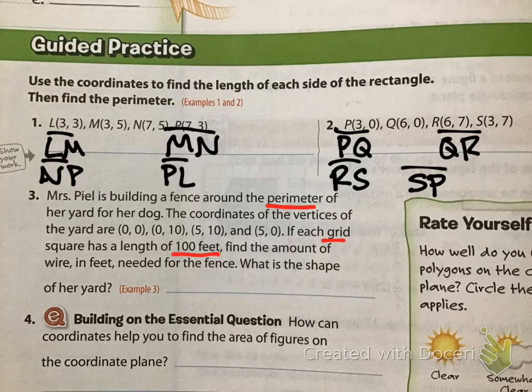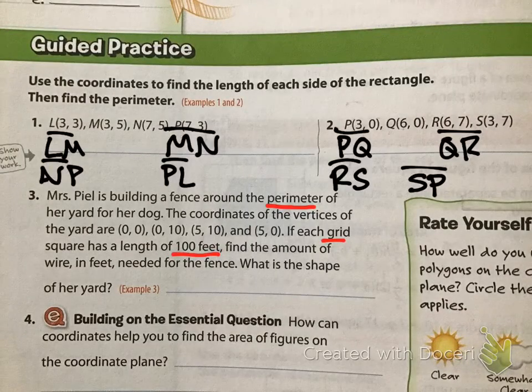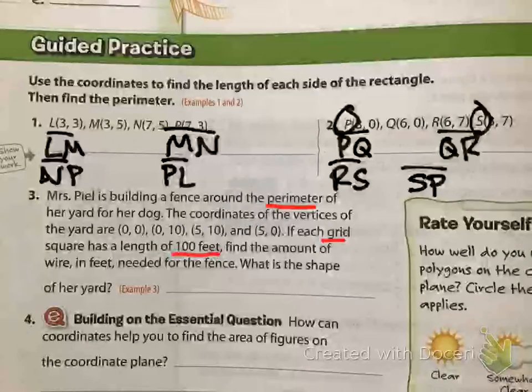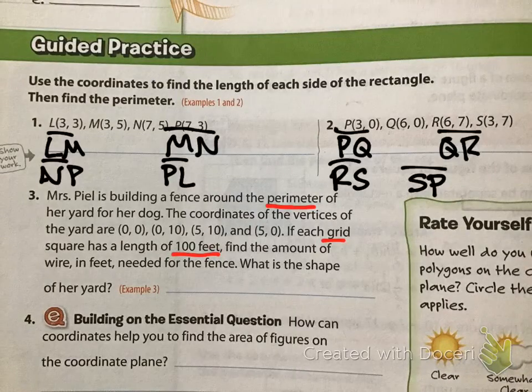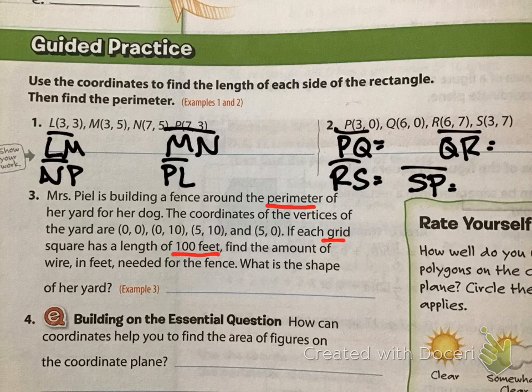All I did was I went around. PQ, first one. QR, second one. RS, third one. And then SP, fourth one. As we know, there are the 4 things. So without even graphing, I want you guys to tell me and find the length of these 4 sides. Once you find it, go on to number 3.